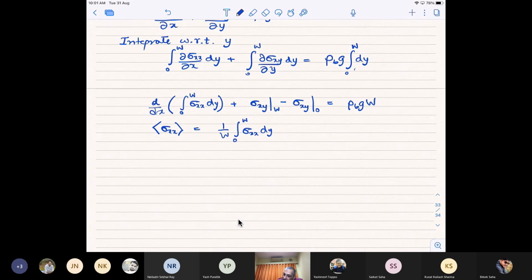If I substitute for the integral in the equation above, what I'll get is w into d by dx of sigma xx plus mu w into sigma yy, which is evaluated at W, applying the boundary condition. The third term is just 0 is equal to rho bg into W.